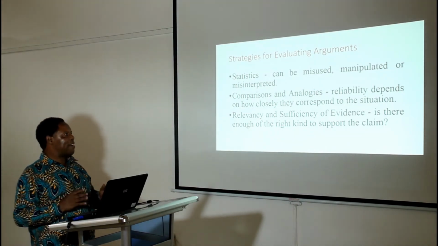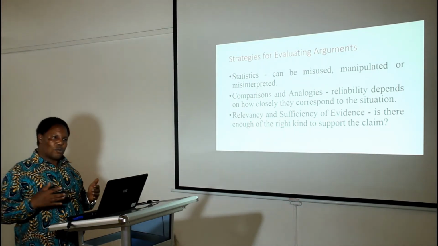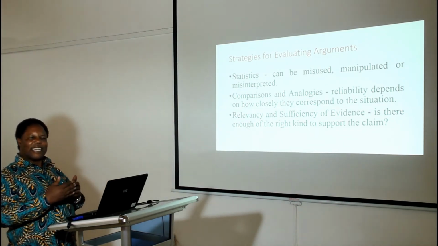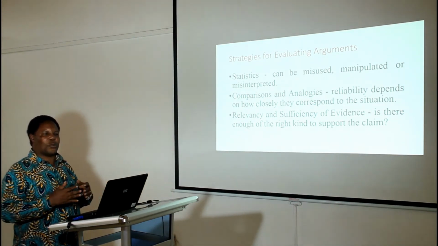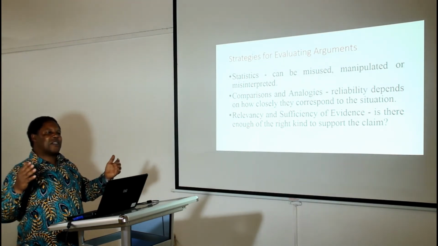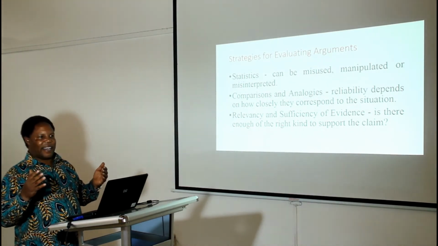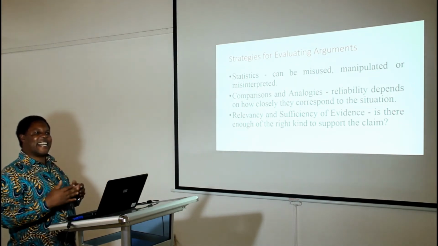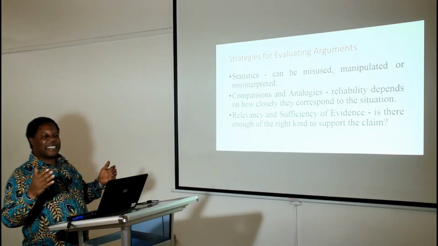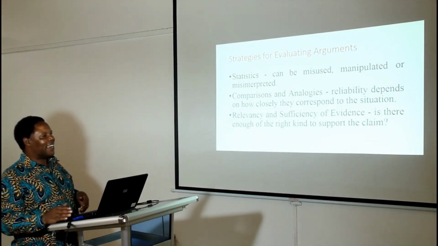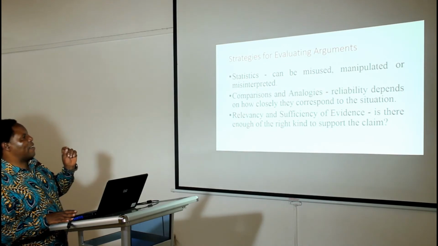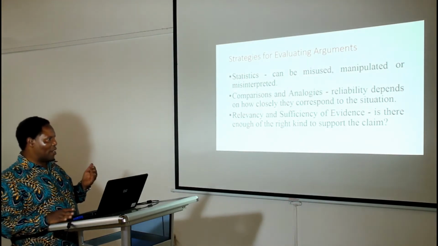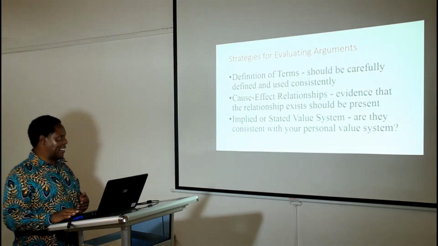When we talk of relevance, we are trying to see whether what you are trying to say is relevant, is just a current issue, sometimes which maybe can be known by others, maybe can be worked in a certain area, maybe it doesn't support other issues. So it should be relevant, and also it should be sufficient in order to make sure that the evidence is accepted.